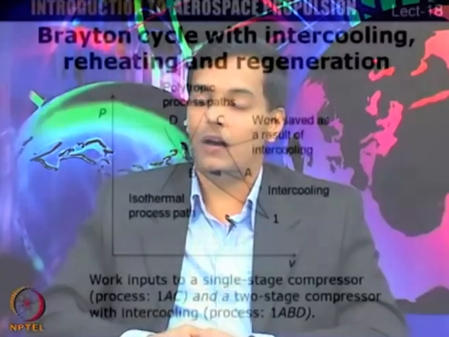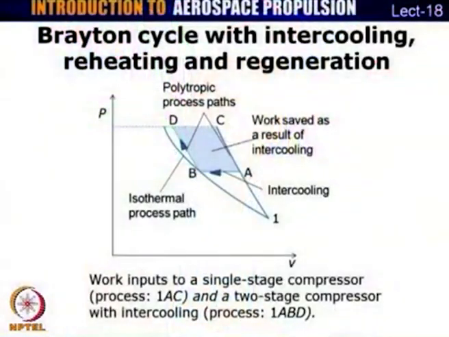So, let us look at how intercooling can be carried out, at least thermodynamically, as we look at a PV diagram of a compression process. Process 1AC is the compression process without intercooling, or single stage compression. Now, if we split this compression process into two stage compression with intercooling, then this process becomes 1ABD.